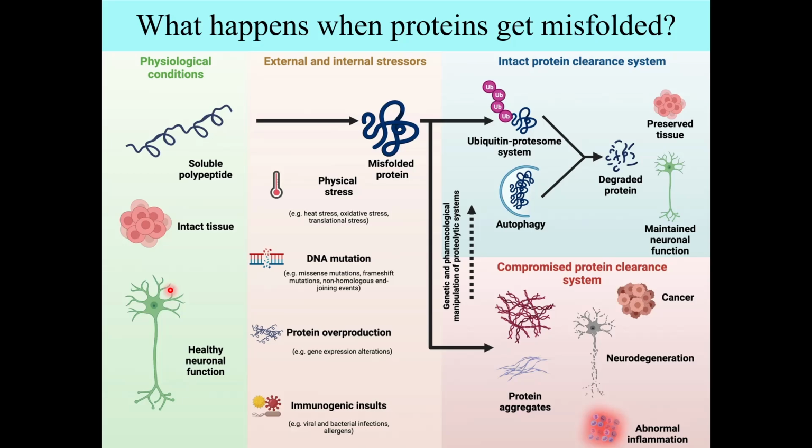Now we will look at the bigger picture once again. Under physiological conditions, the polypeptide is expected to be in a soluble form. It is expected to assist in keeping the tissues intact, and healthy neuronal function is supposed to be going on.